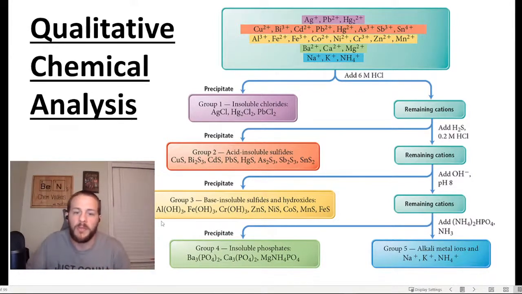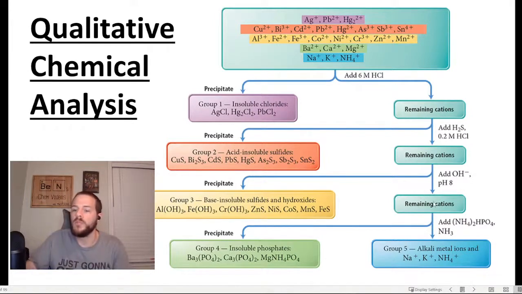So that would include your aluminum, which would precipitate in the form of aluminum hydroxide, and iron, which would come out in the form of iron(III) hydroxide. All the way over here you have cobalt and manganese, which come out in the form of sulfides. And then everything else in your solution is either a group 2A metal, like an alkaline earth metal, an alkali metal like sodium or potassium, or ammonium.